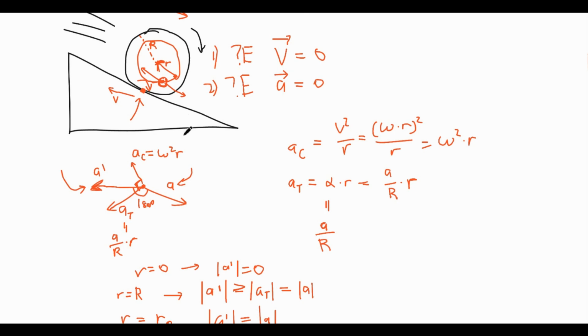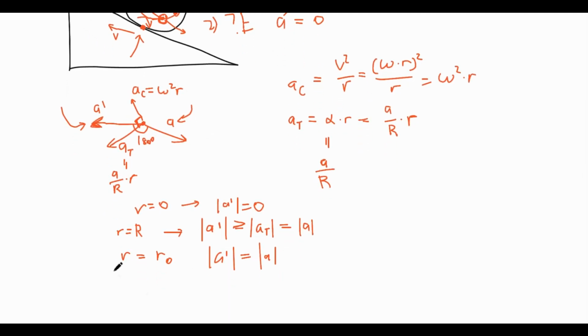And note that this not only shows that there always exists a point on the disk at any point in time with instantaneous acceleration 0, it also shows us that this point is actually unique, because this r equals r0 is going to be unique because of continuity, and this thing grows linearly, so it's going to be bijective.